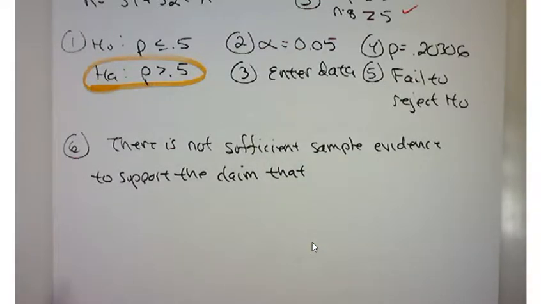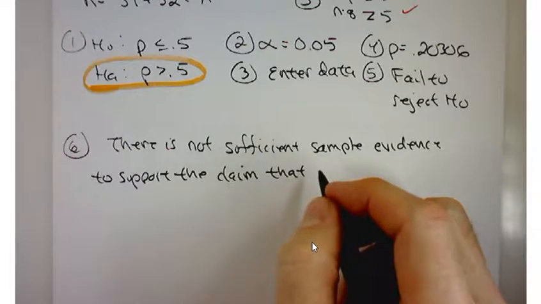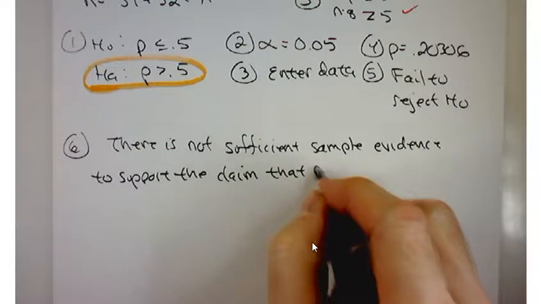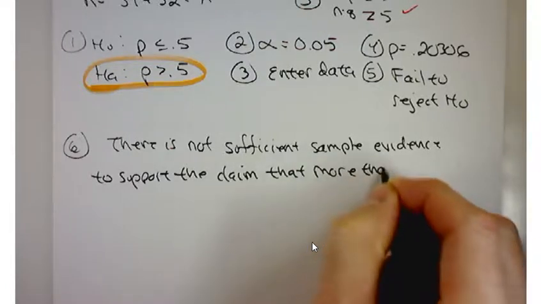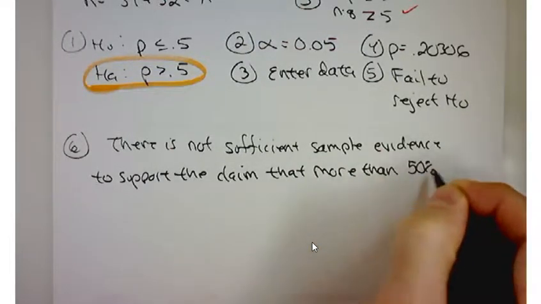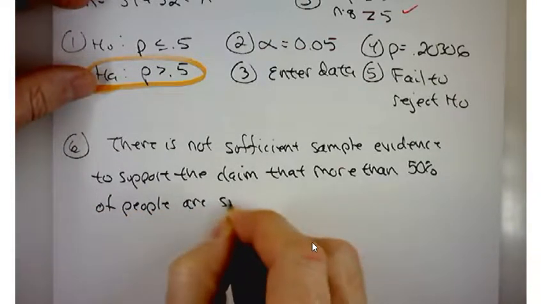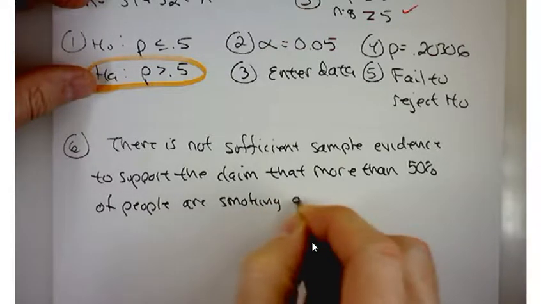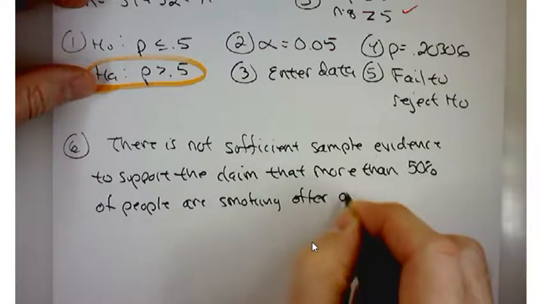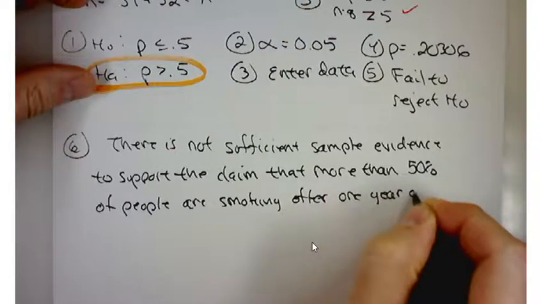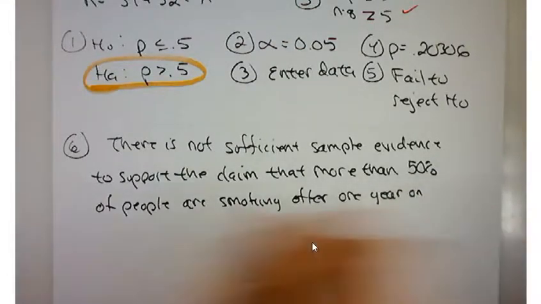And what is this in words? Good. That more than 50% of people are smoking 1 year after nicotine therapy, after using the patch. That more than 50% of people are smoking after 1 year on the patch.